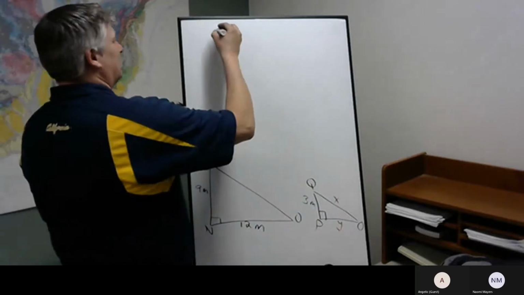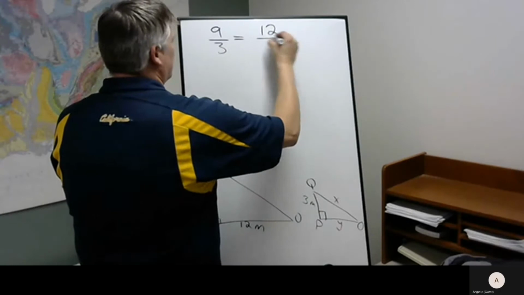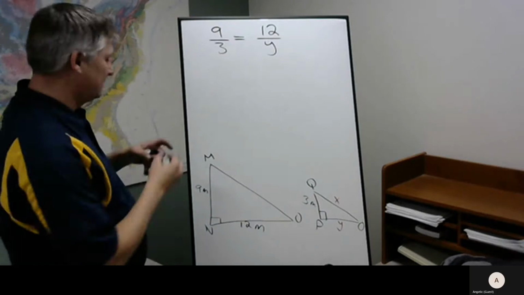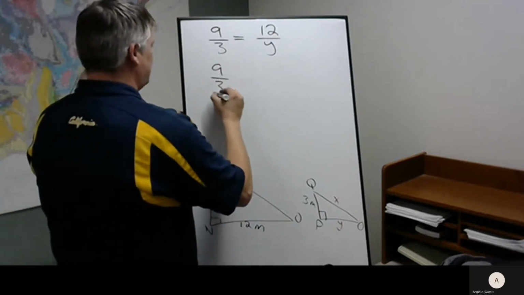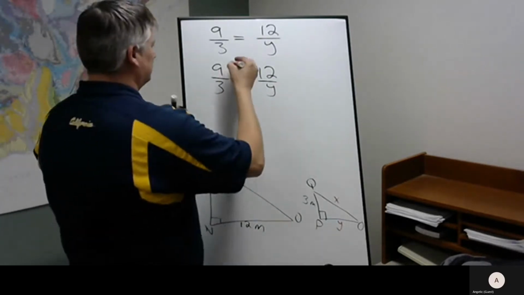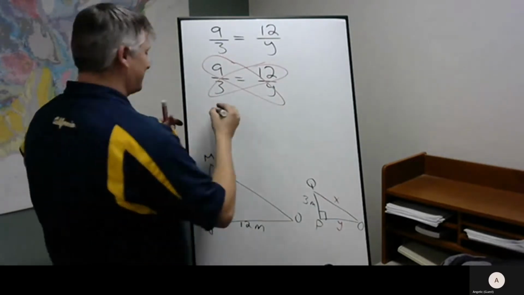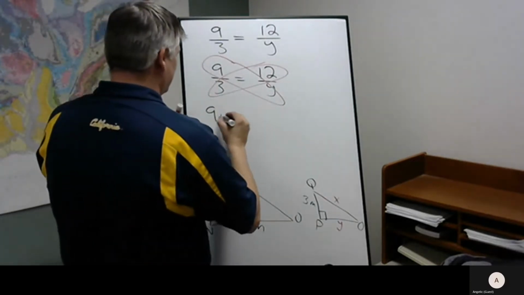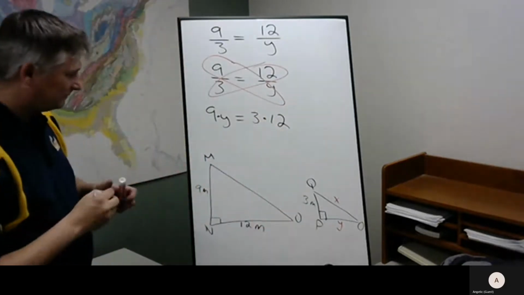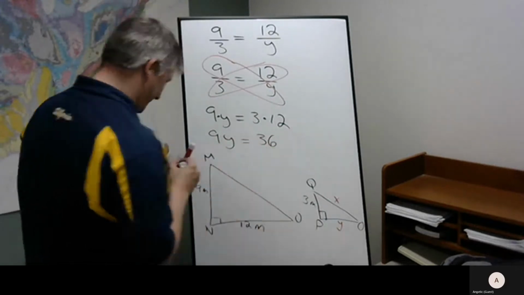So 9/3 equals 12 over y, the backs and the bases. So cross multiply. 9 times y is 3 times 12, or 9y is 36.